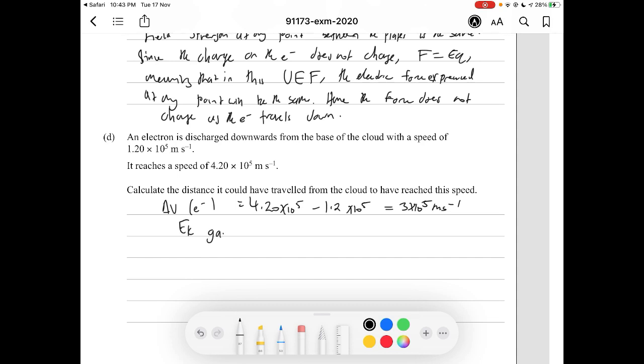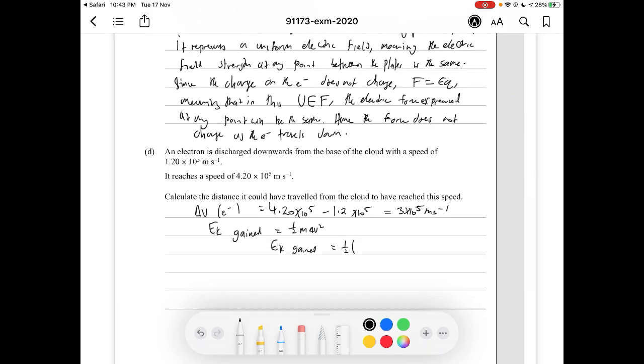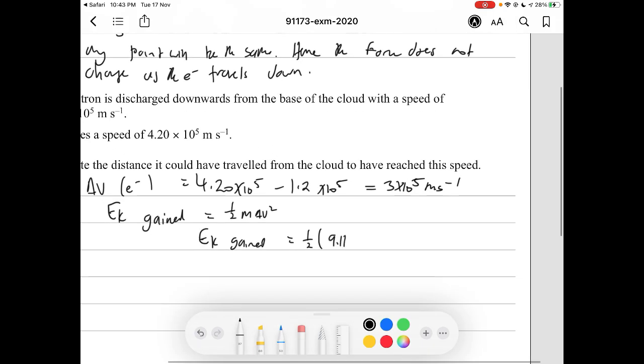So therefore, the EK gain, so we should make this very clear. EK gained equals half m change in v squared. So EK gained equals a half times the mass of the electron, which I gave you was 9.11 times 10 to the power of negative 31, times the 3 times 10 to the power of 5 squared. Alright, so just be careful when you're entering into the calculator.